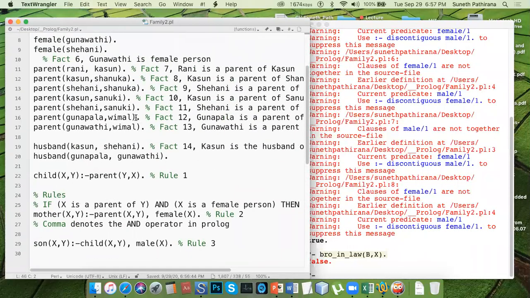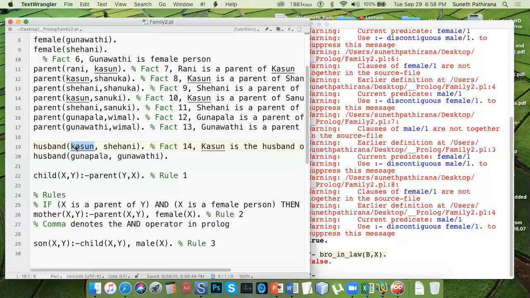What can we do? We should introduce a person. Kasun and Shehani are married, Gunapala and Gunavati are married. So we need to introduce the brother of Kasun. Here it is missing.